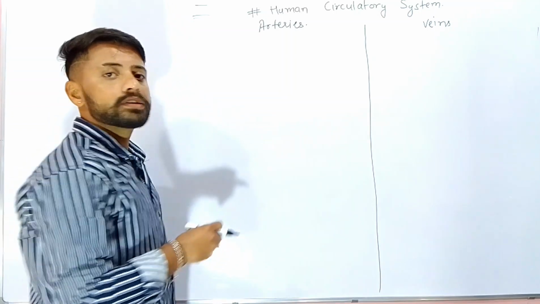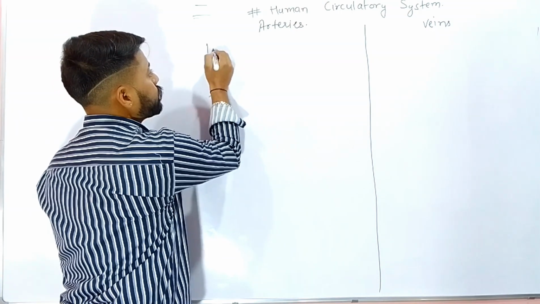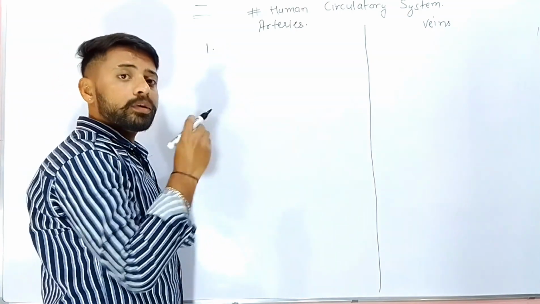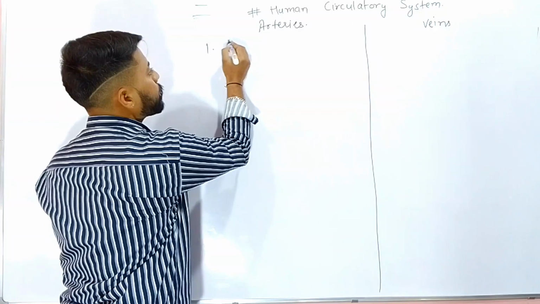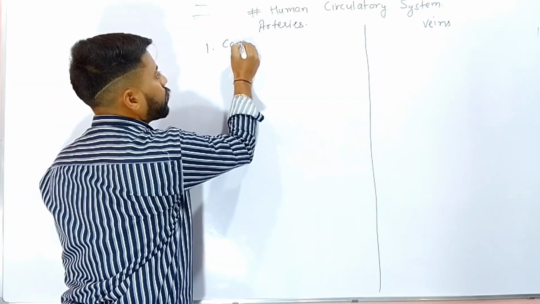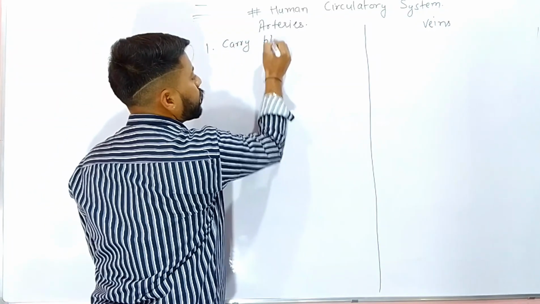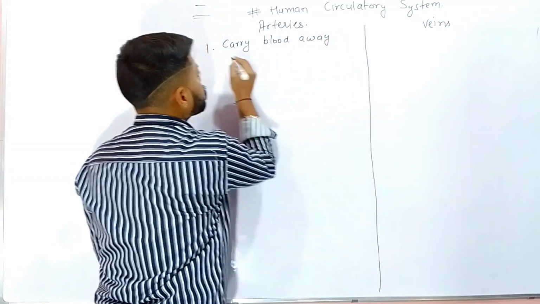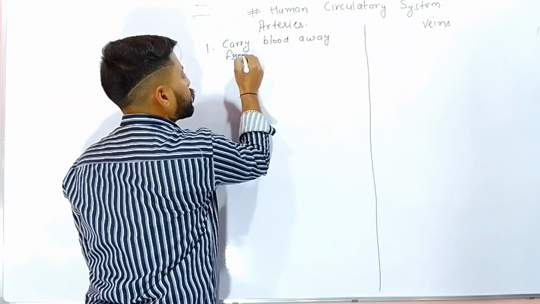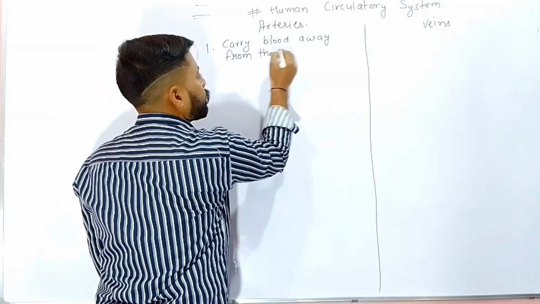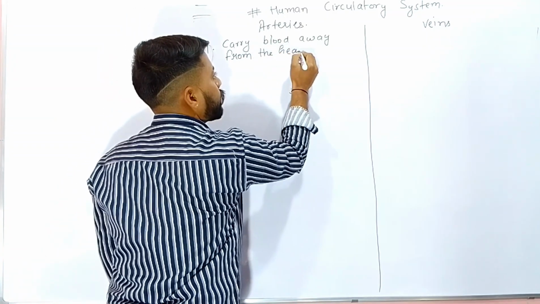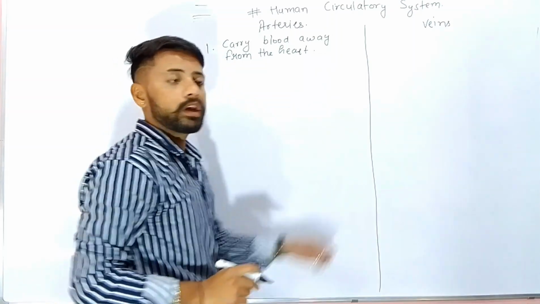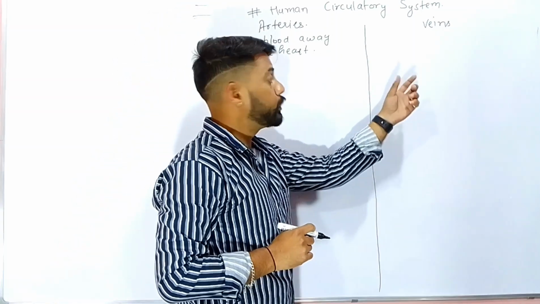So the first comparison is that arteries carry the blood away from the heart, whereas the veins carry the blood into the heart.